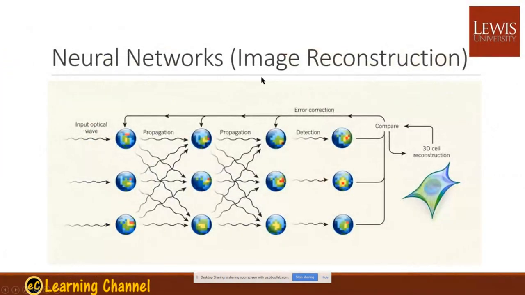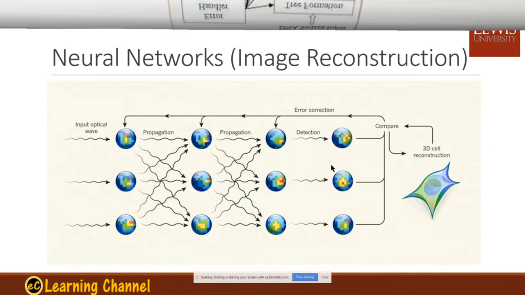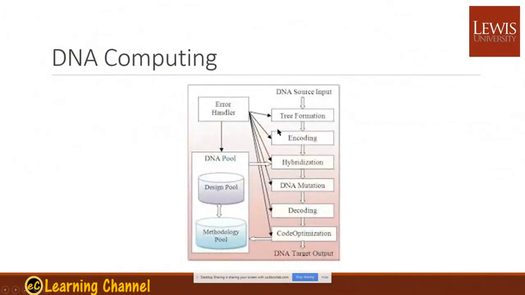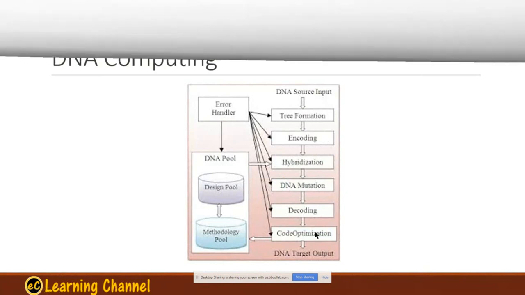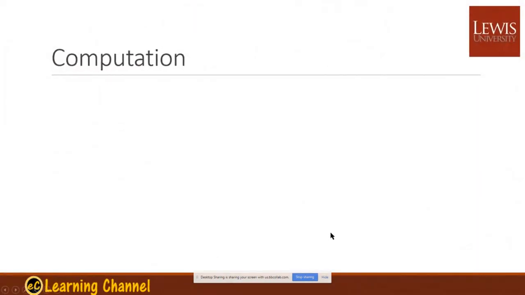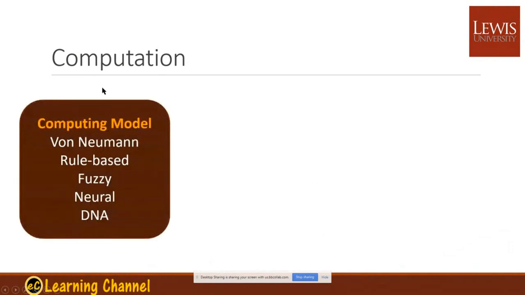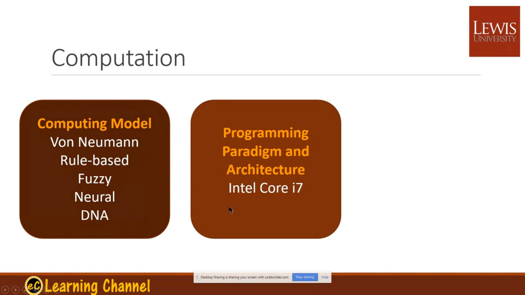And also nowadays, the most important invention for AI, the neural network, the recurrent neural network model. And then DNA computing. So we actually try to do computing, and computing has different models: the Neumann model, rule-based model, fuzzy logic model, neural network model, DNA model.